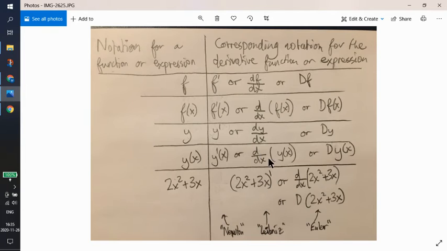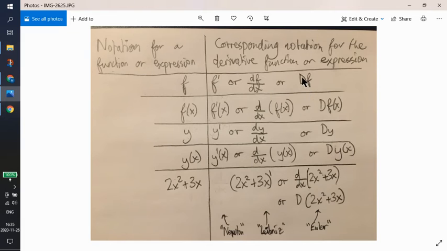Okay, so basically this d, it kind of looks like a fraction, but really it's just a notation for a derivative, and it just means that we're forming the derivative where the independent variable, that is the variable on the horizontal axis, is x, and where the expression is given by this expression here.